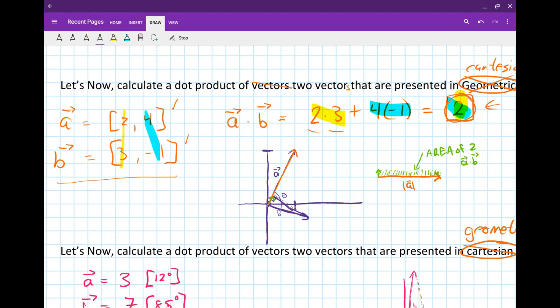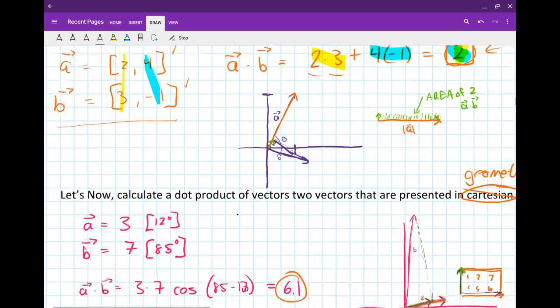You would take B and say this is what's called projected onto A, or take B cosine theta, and then take A itself and put that there, build a little rectangle, and the area of that rectangle is the conceptual result, the same idea as taking the dot product of A and B.